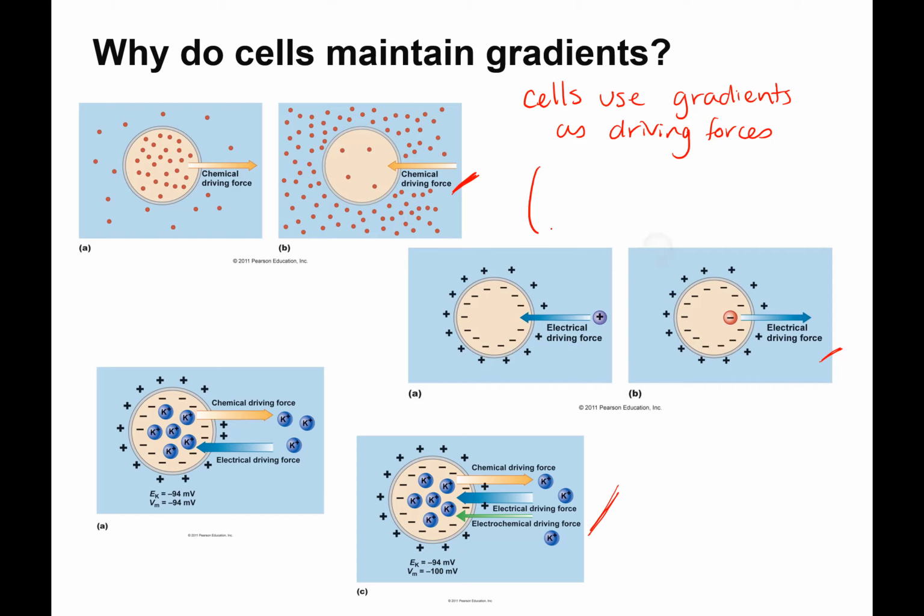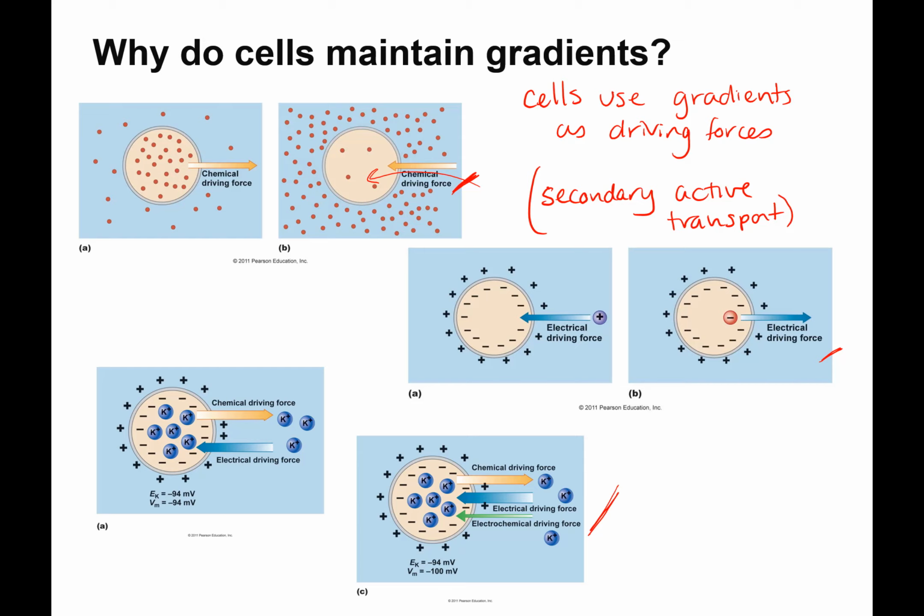One example that we've looked at is secondary active transport, where a cell will create a chemical or electrochemical gradient, and then that drives a second molecule in. This is an important concept in cell bio and physiology, so I just want to introduce it here.